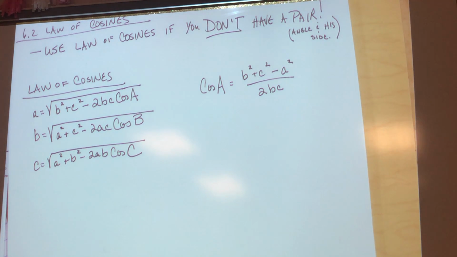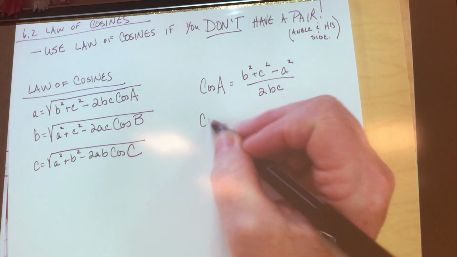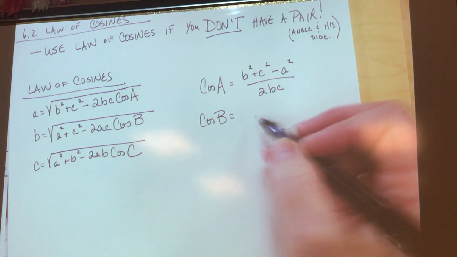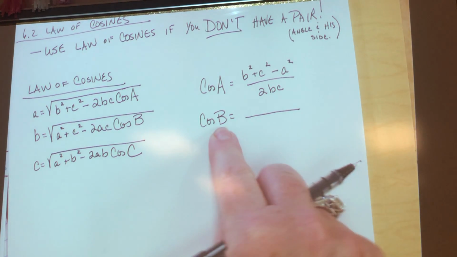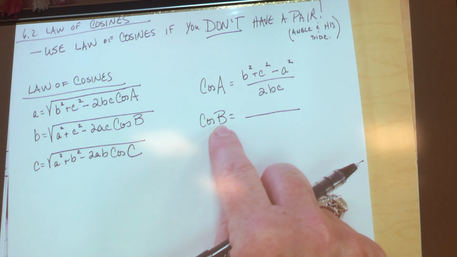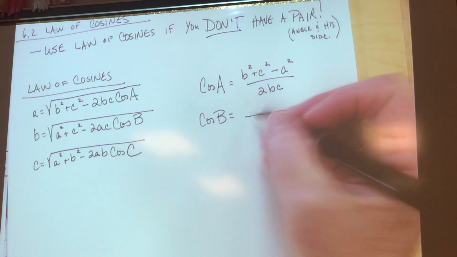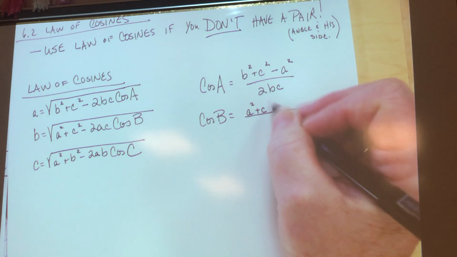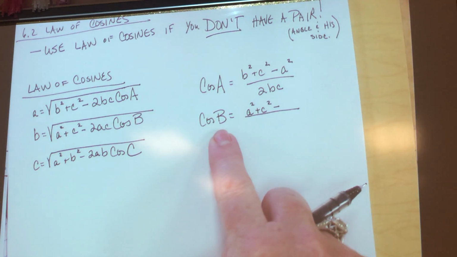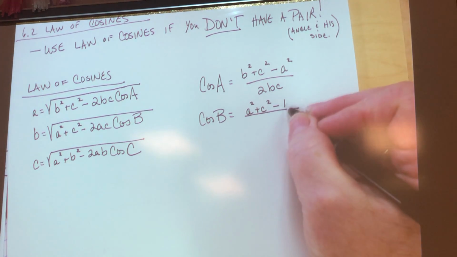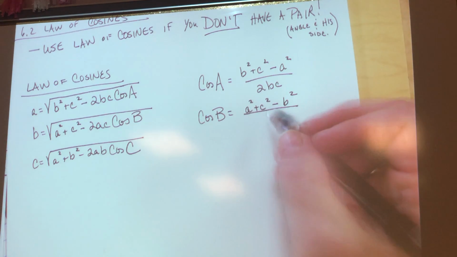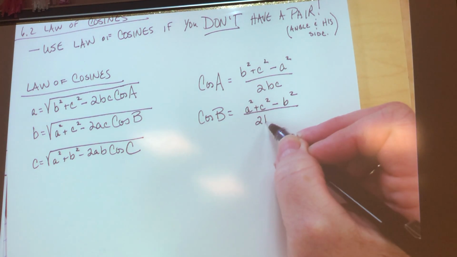So maybe you understand what my brain's thinking. Maybe not. Cosine of b is equal to, well, what's this one? It can't be its side, so what's it going to be? a squared and c squared. And who's going to be subtracted? Yes, its side, b squared. And the first two is what goes with the 2 on the bottom, 2ac.